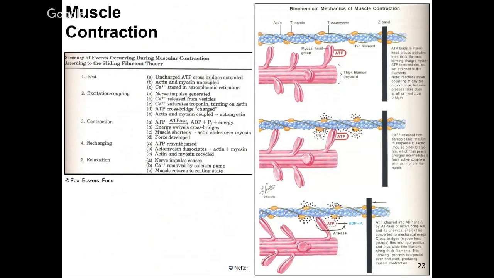I'm going in order of the right figure. At the top, the troponin and tropomyosin is bound. It's not going anywhere. The calcium comes in the middle, and it moves the troponin and tropomyosin away so that myosin can bind. It extends itself out there and grabs on.